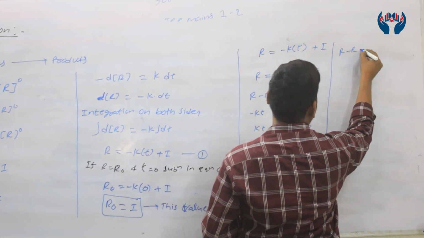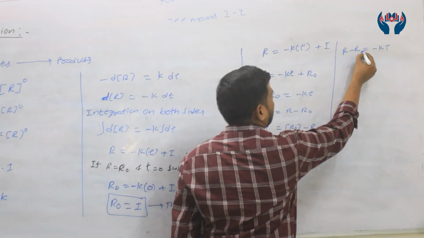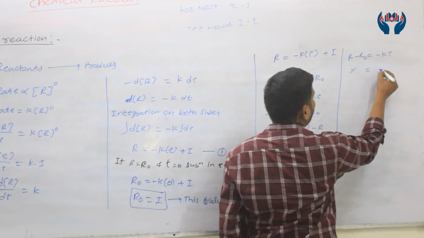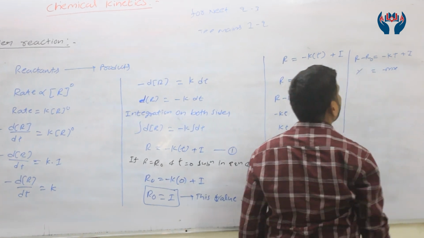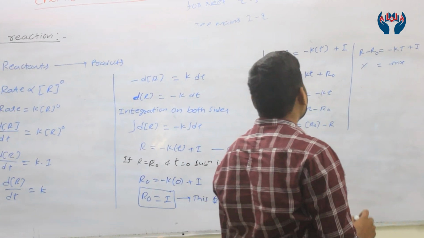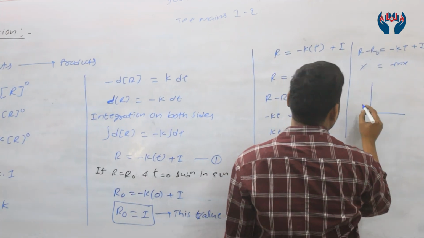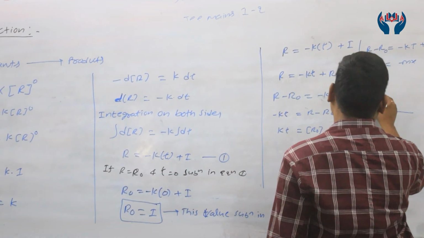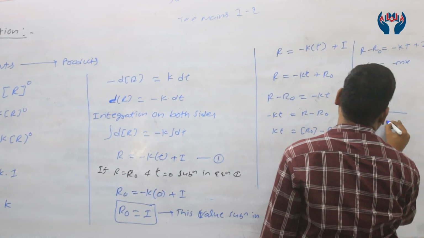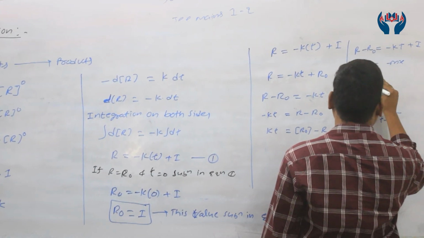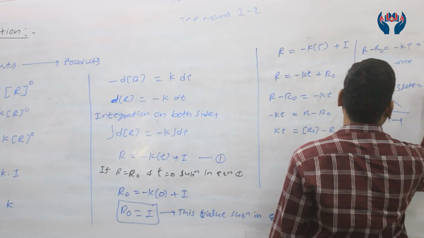R minus R0 equal to minus K t is similar to y equal to minus m x plus c. The graph of concentration R versus t has a negative slope. Slope equal to minus K.